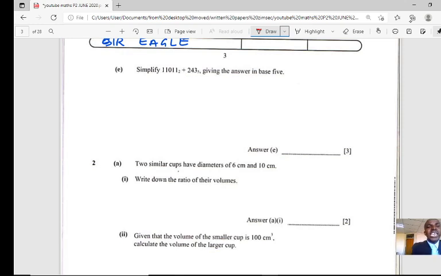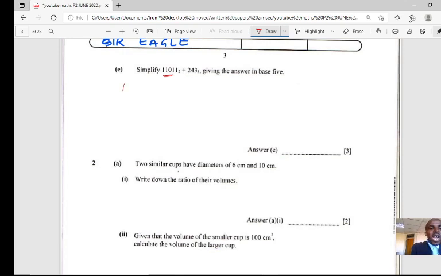Or you can convert this one of base 2 to a number in base 5, then you can work them in base 5. Still it works. Let's use the second method, converting this one to base 5 first. So the first thing is to convert to base 10, then from base 10 to base 5.